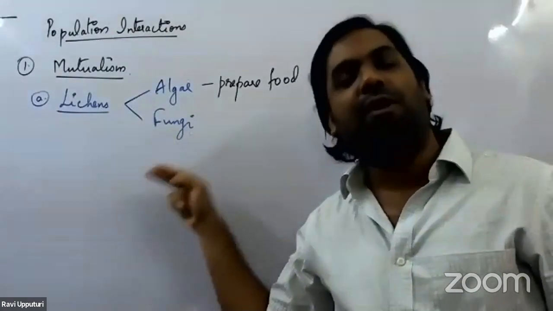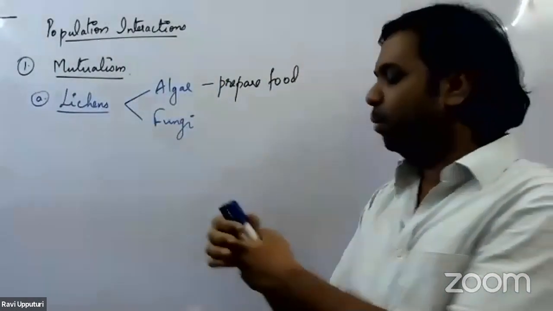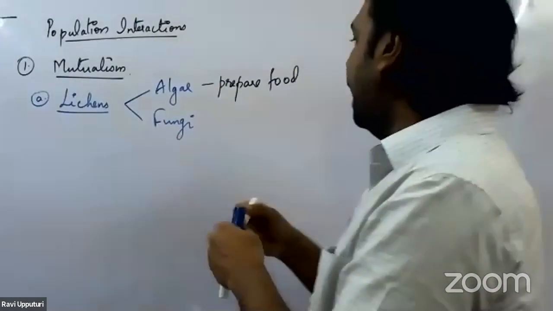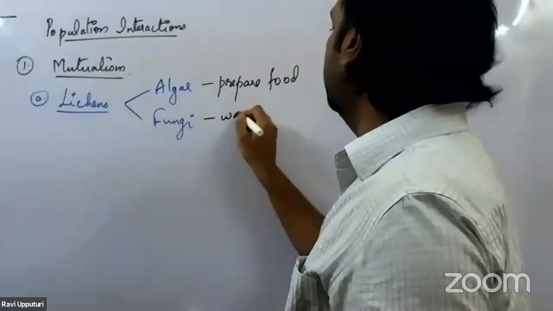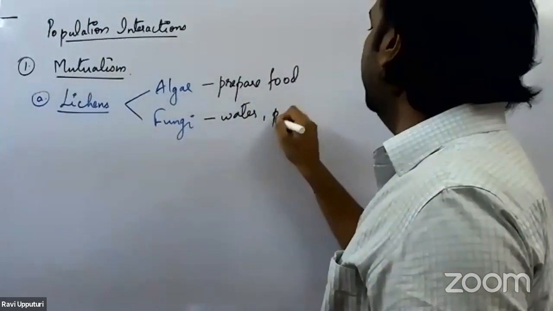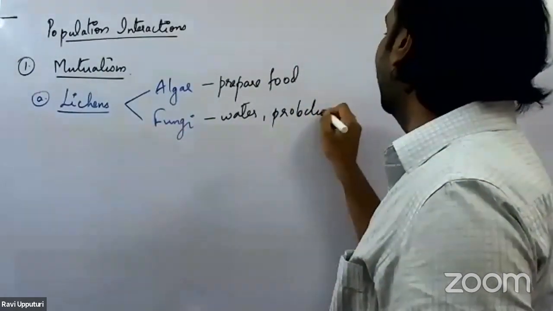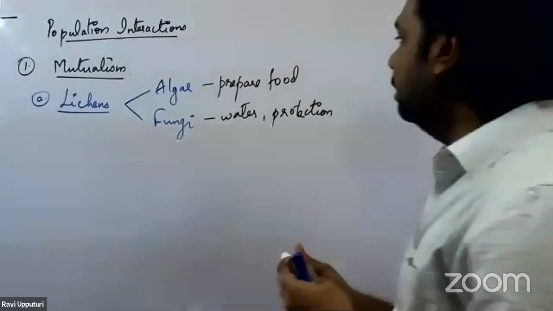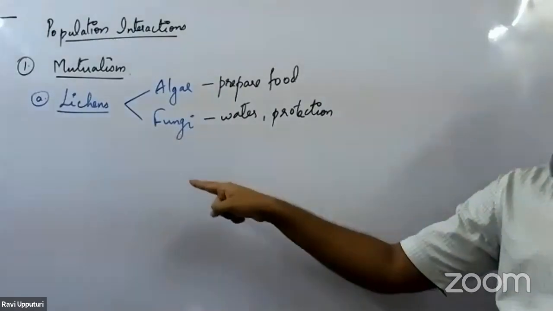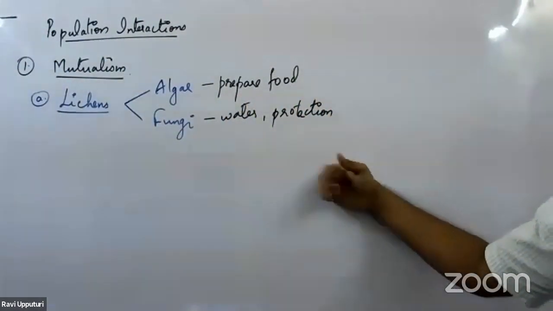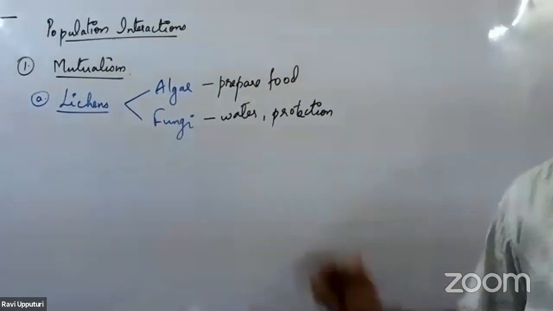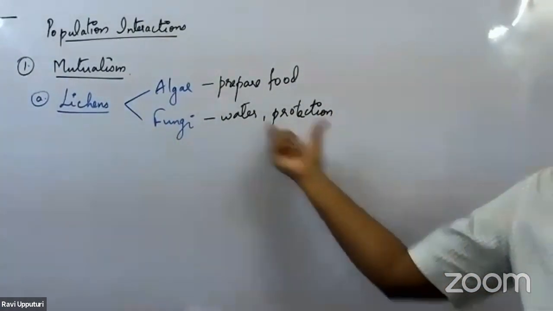In turn, what is fungi doing to the algae? Fungi will start absorbing water and giving water to algae, and also it gives protection to the algae. So in turn, fungi absorbs the water and gives it to algae, and at the same time gives protection to the algae.